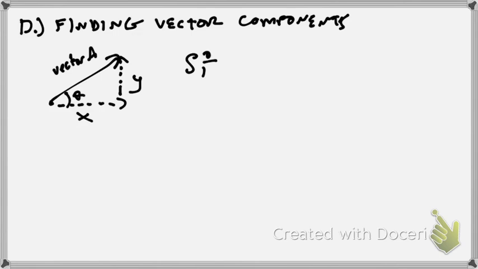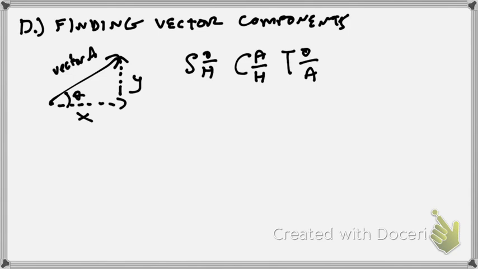That's where SOHCAHTOA comes into play. The sine of an angle is equal to opposite over hypotenuse, cosine of an angle is adjacent over hypotenuse, and tangent is opposite over adjacent.